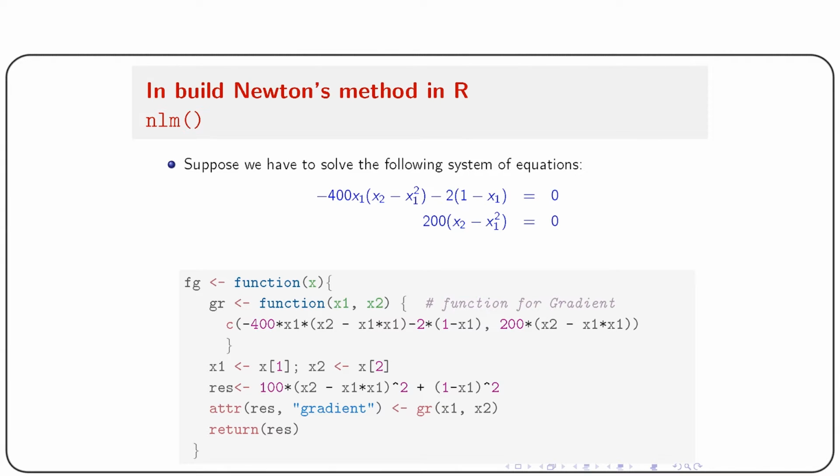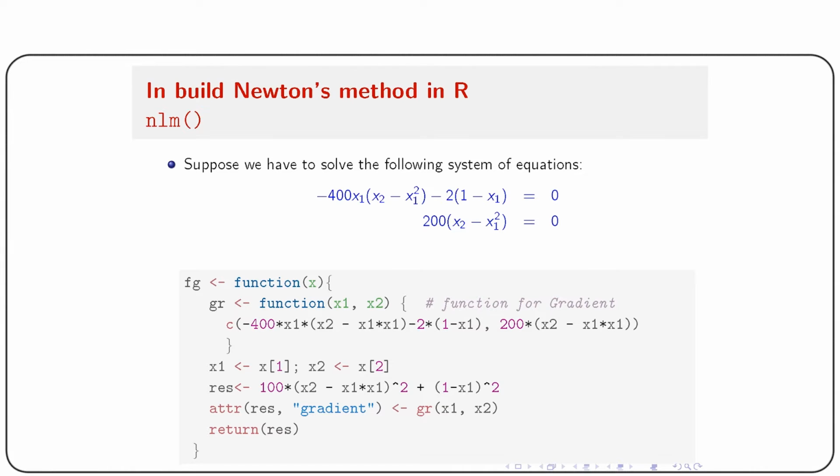First we define that function, where the gradient should be passed as an array of 2, gr is a function of x1 and x2. The first term is minus c of minus 400 times x1 times (x2 minus x1 squared) minus 2 times (1 minus x1), and the second term is 200 times (x2 minus x1 squared).